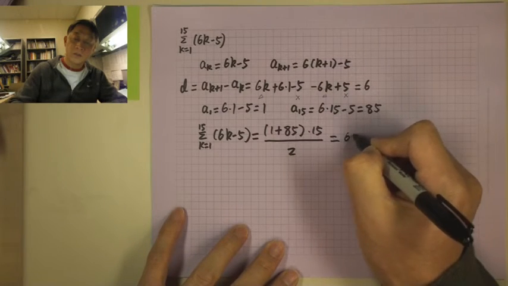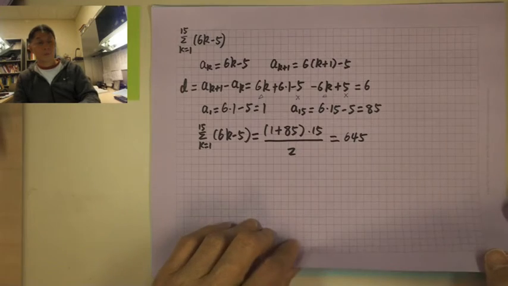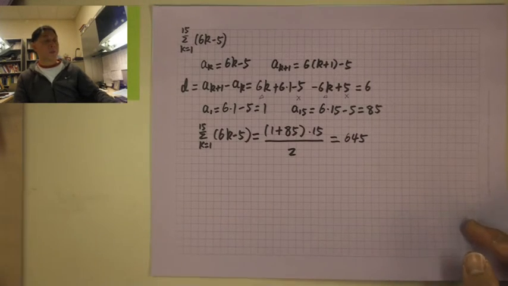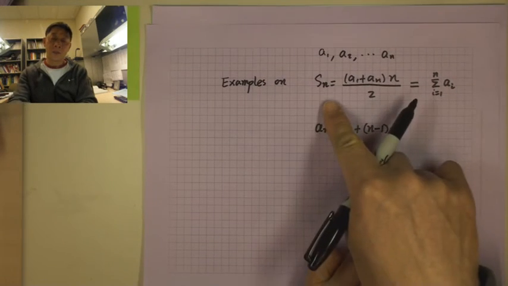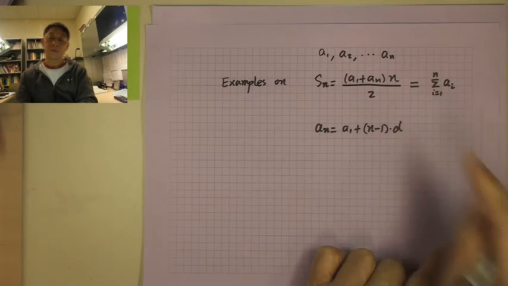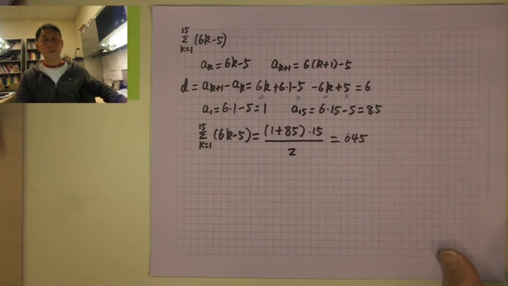So 645. Okay. This is the first example, the application of this one. Now let's look at the second example.